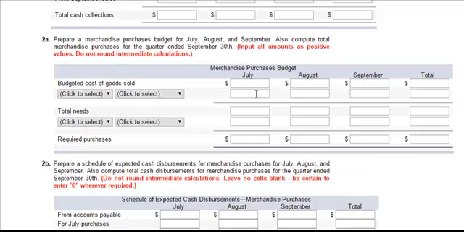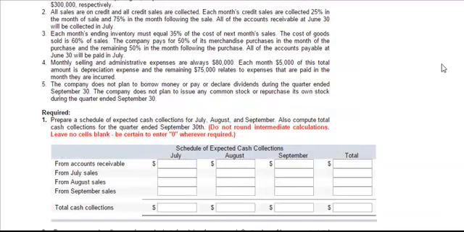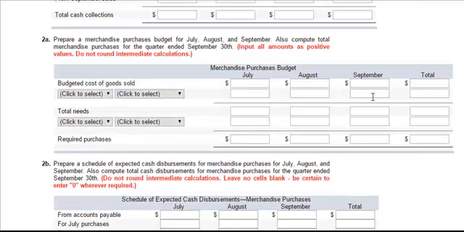So the desired ending inventory that goes here will be based upon 35% of the August cost of sales or cost of goods sold, this number here. And then, of course, to figure the desired ending inventory for September, we would need to calculate the cost of the October sales and then take 35% of that number.